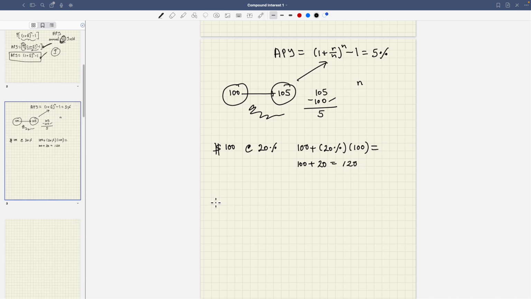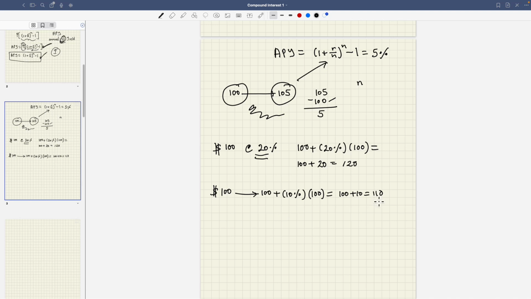Whereas if you, same scenario, but now you compound twice, just to see the effect of $100 compounded twice. So the first time you compound, say 6 months later, now you have your initial investment plus 10% of $100. That will be 100 plus $10, which is 110. I don't want to lose you here. All I'm doing is, here we compounded once at 20%, and here we want to compound twice at 10%, and we want to compare results.